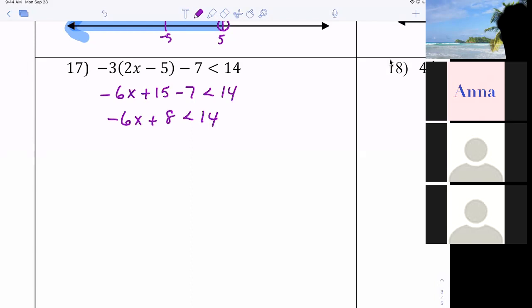Anybody have any issues with that? Subtracting 8. Now I don't have to put subtracting 8 in. 14 minus 8 is what? So now, what is true? X is greater than what? Negative 1, because 6 divided by negative 6 is negative 1.